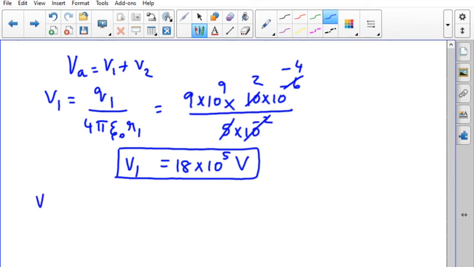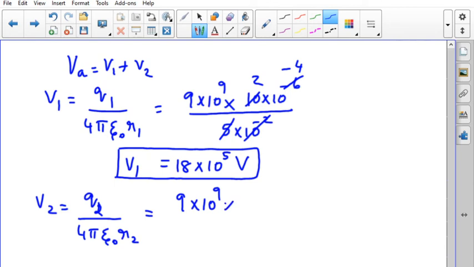Similarly, what is the value of V2? It is Q2 by 4 pi epsilon naught R2. The value of 1 by 4 pi epsilon naught is 9 into 10 power 9. Q2 is again 10 into 10 power minus 6 coulomb, and the distance now is 15 centimeter.